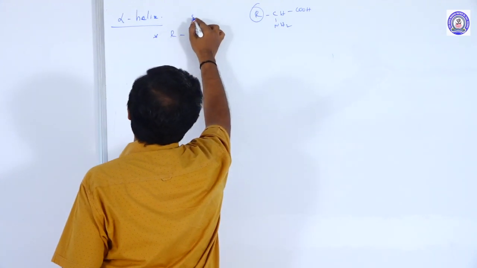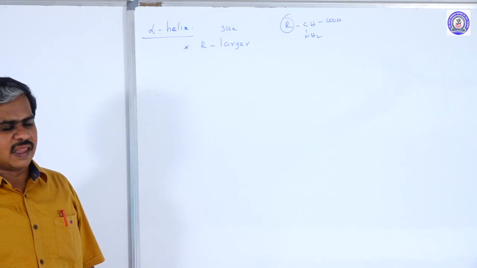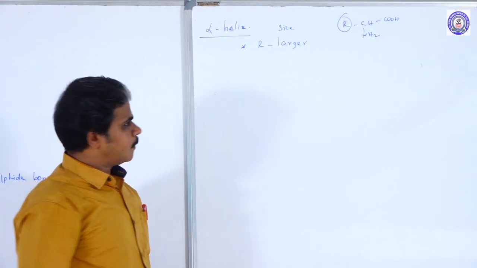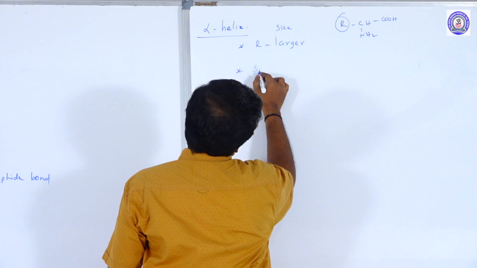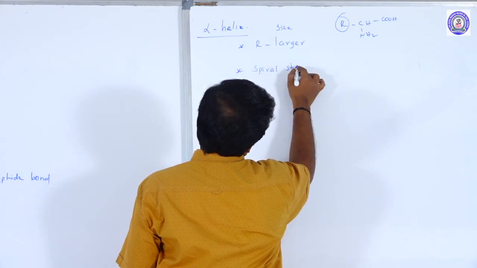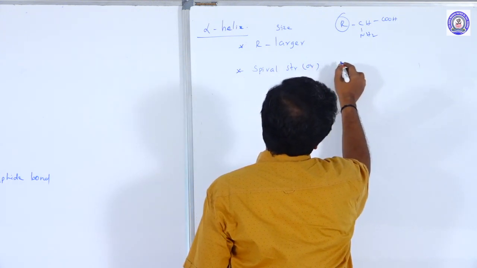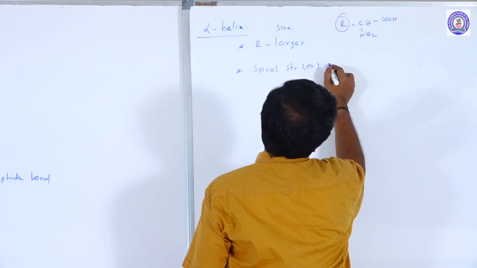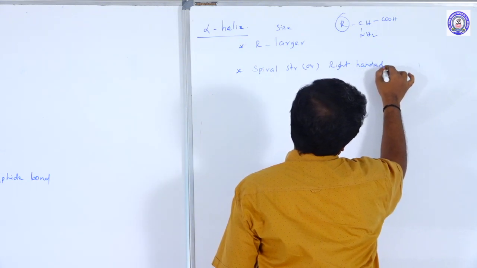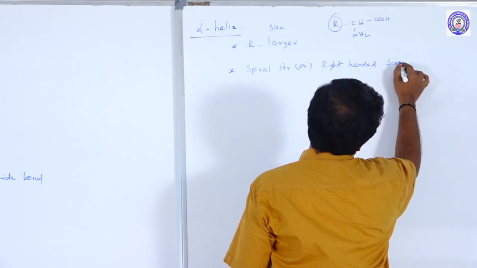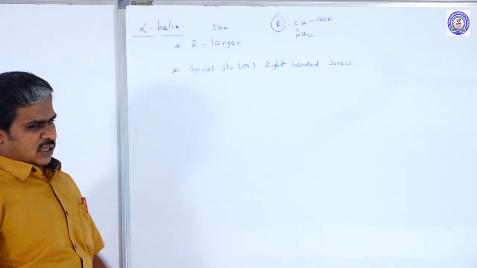Now, if the R group size is larger, then the protein is an alpha helix structure. It is a spiral structure, coiled into a right-handed screw.